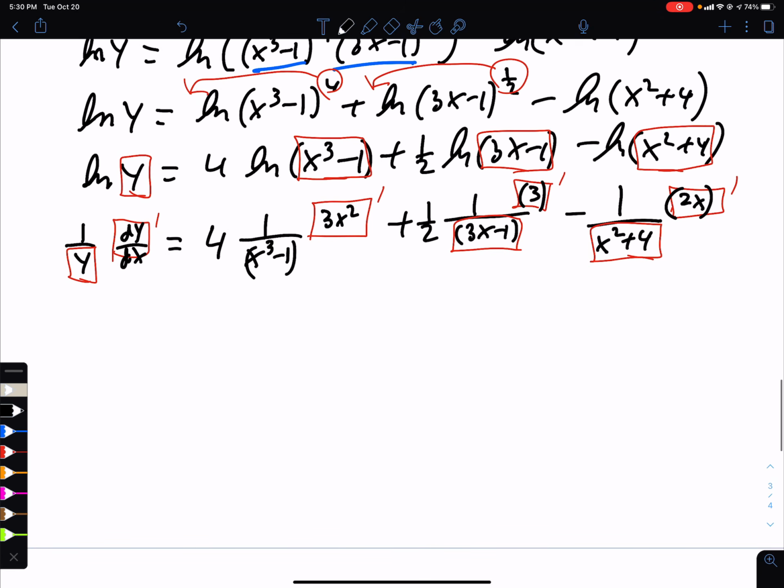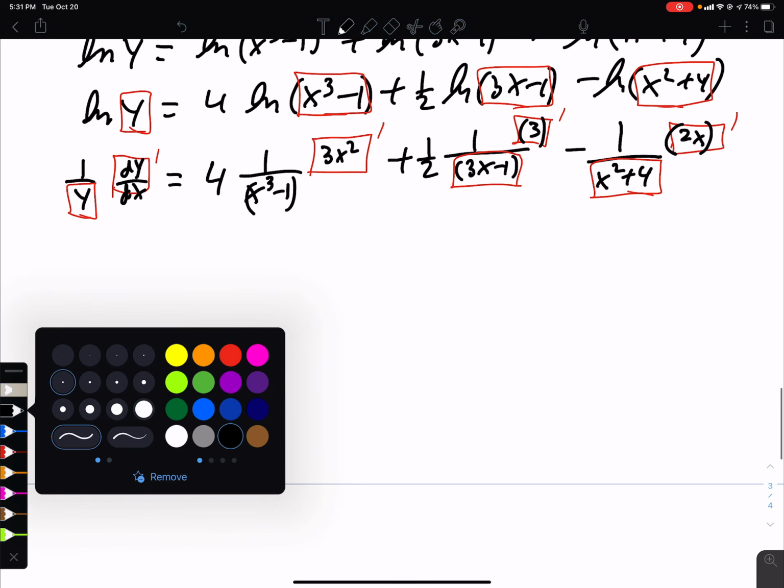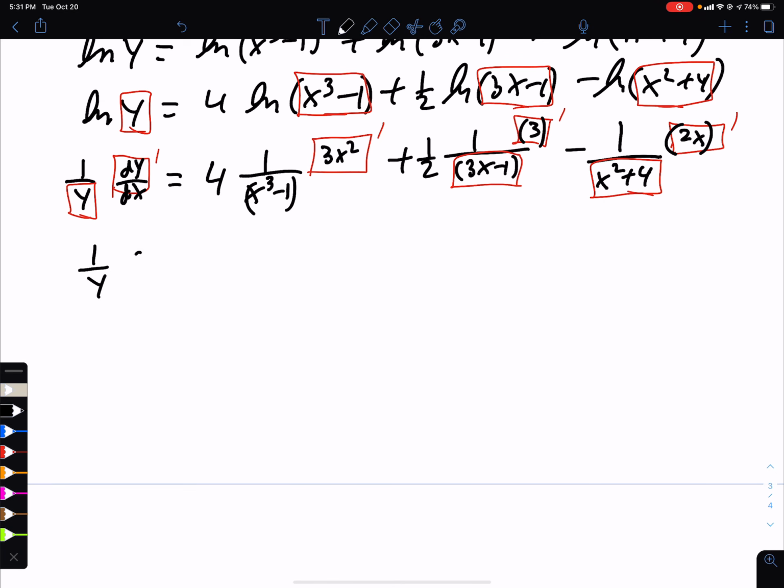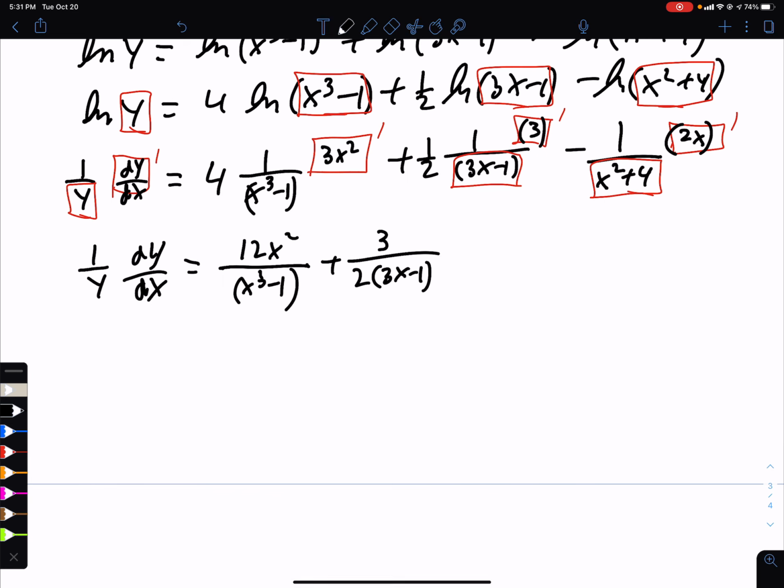All right, let me simplify all this for you. 1 over y dy/dx equals 12x squared on top and x cubed minus 1 on the bottom, plus 3 on top and 2 times 3x minus 1 on the bottom, minus 2x on top and x squared plus 4 on the bottom.